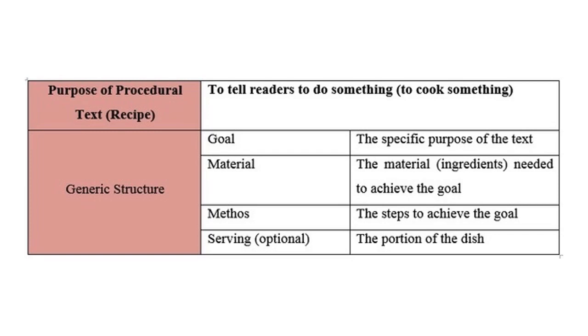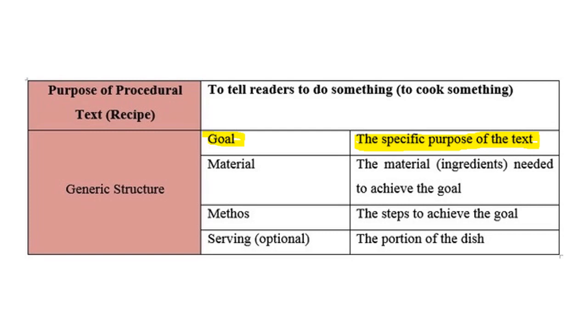So there is what we call as a goal, itu adalah the specific purpose of the text. Tujuan kamu tulis teks ini. Cara membuat samyam, for example. Cara membuat nasi goreng, for example. So it is one of the goal, right?